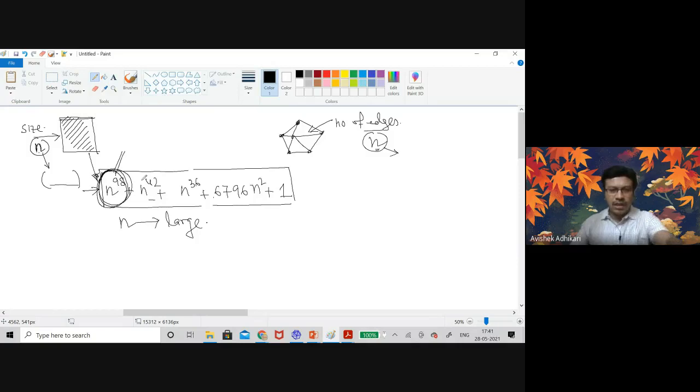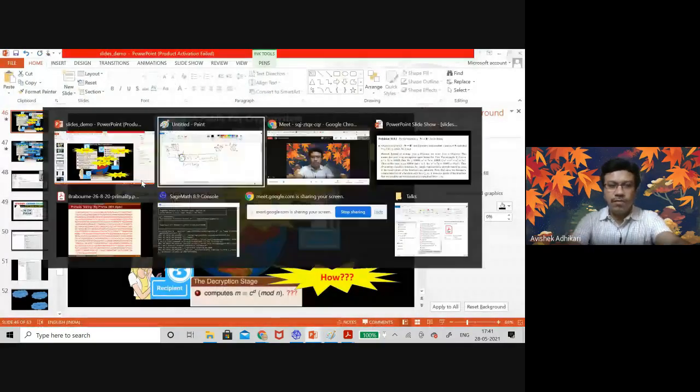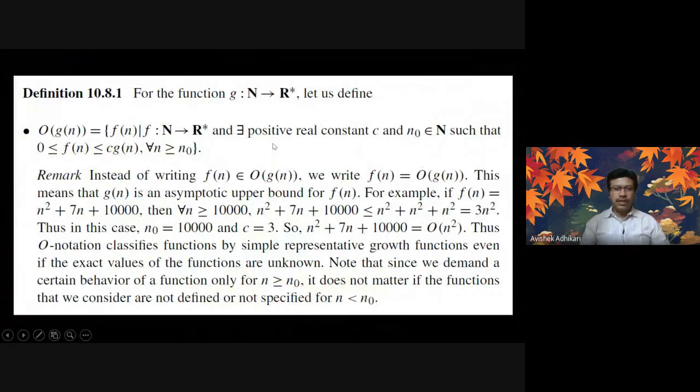Based on that, a few definitions came into the picture in complexity analysis. The first thing is we need to know the big O notation. It's a very simple notation. Suppose there is a function from the set of all natural numbers to non-negative real numbers.